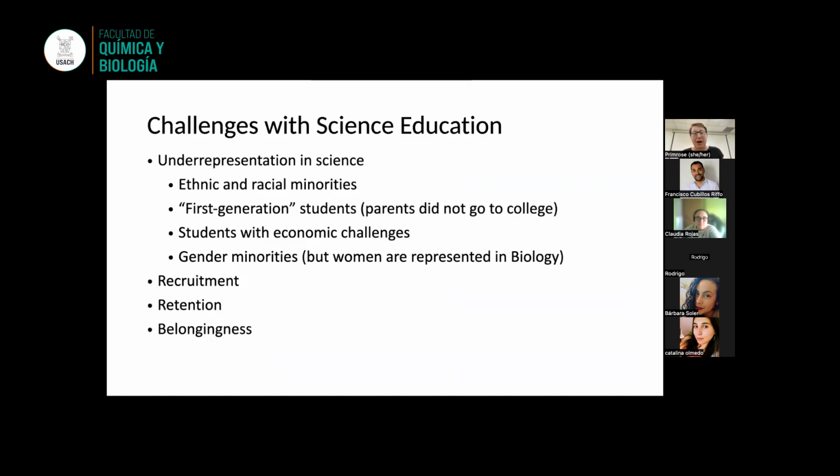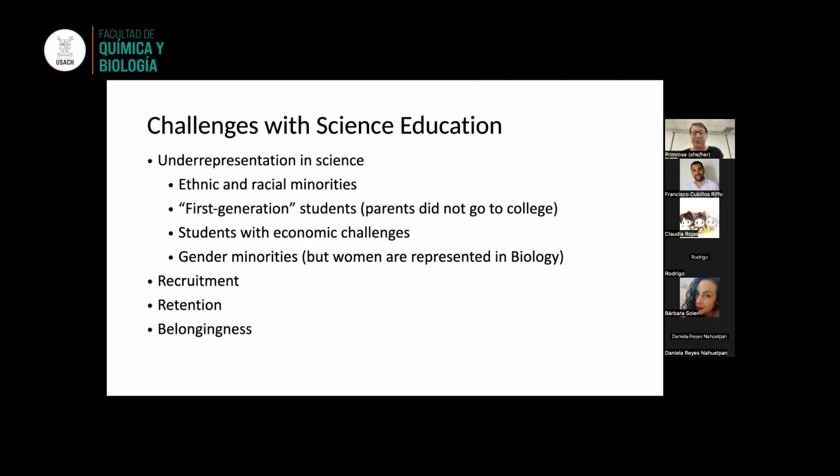And my department and our college is facing some challenges with science education. And these are really widespread challenges. The big challenge that we're facing right now is that some students are better represented in science classes and in science careers than others. And the bias is against people who don't have a lot of power in society.